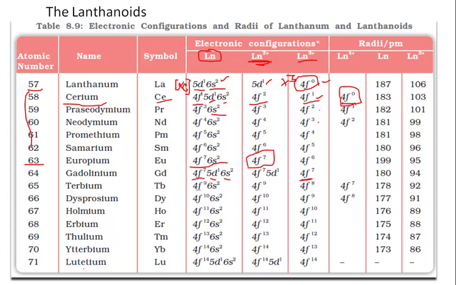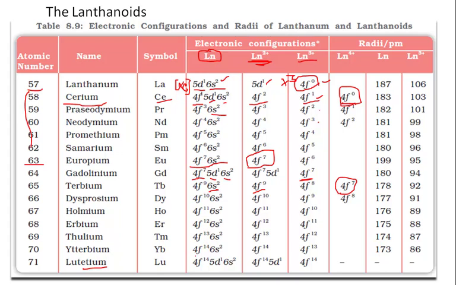Terbium has 4f9 in the +2 oxidation state, and then 4f9, 6s2 in ground state, and so on. Again, it can show a +4 oxidation state. So do remember, in addition to +3, +2 and +4 oxidation states are also stable, but only if the species is acquiring a stable electronic configuration. Then ytterbium and lutetium.